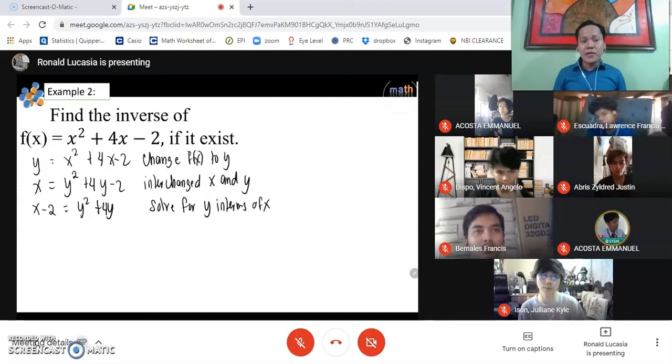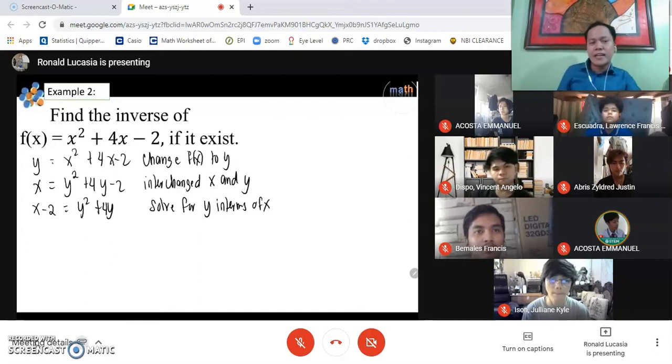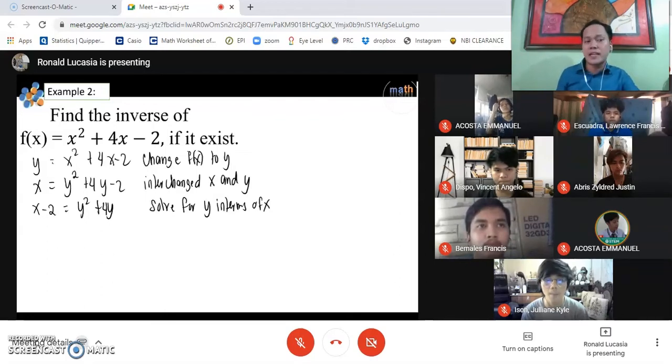Now, as you notice, the right side is y squared plus 4y. Basically, when you are going to factor out y there, it's useless. It doesn't make sense if we are going to factor y there. So all we have to do is to make the right side a perfect square trinomial. So we'll be needing here the concept of completing the squares.